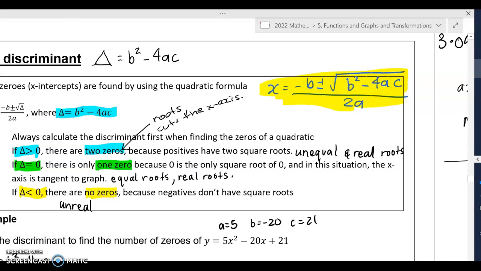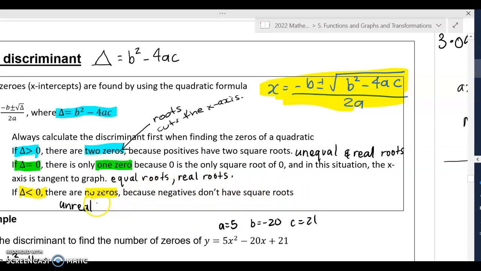The reason being is we, at this point in our maths career, cannot take the square root of a negative number. So there would be no real solution. We would say the discriminant less than 0, there are no zeros or no roots because negatives don't have a square root for us at the moment.